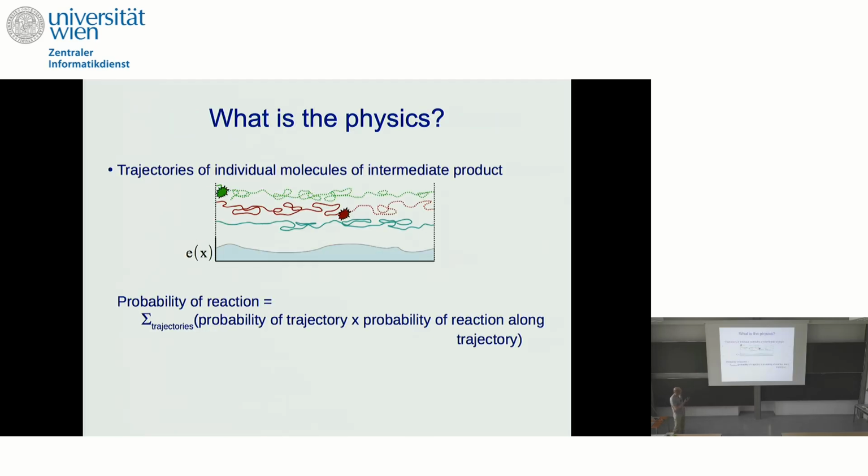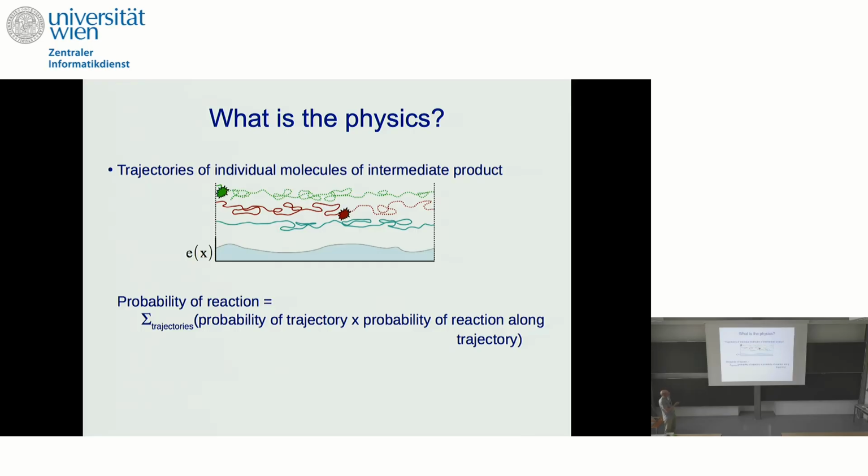And what's the physics of this? You can understand the physics of that by treating the transport and the reaction as two different aspects of the problem. So let's say we generate all possible diffusive trajectories, and this can be generalized to advection and diffusion, that start from the left edge and end on the right edge. So you have a reflecting boundary with influx here, and an absorbing boundary over here.